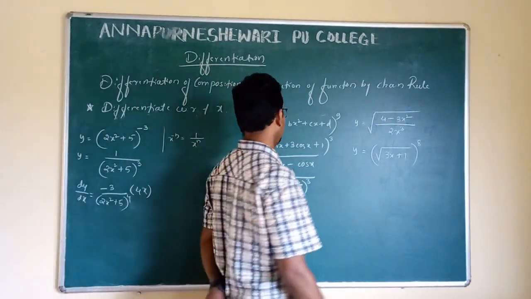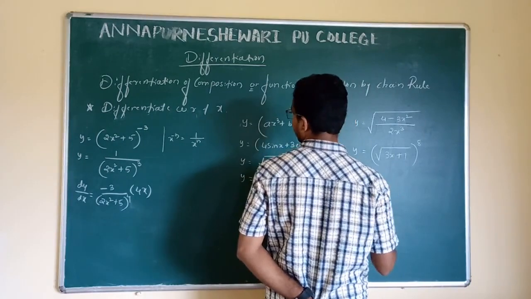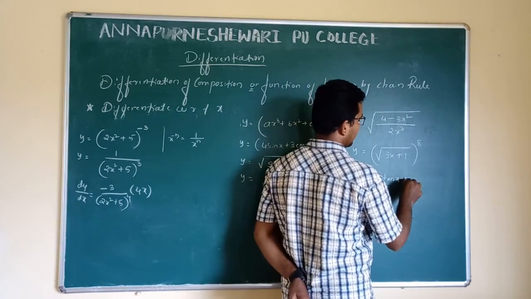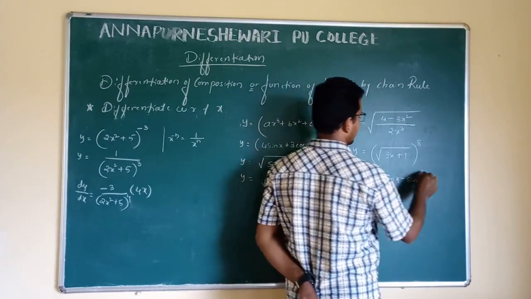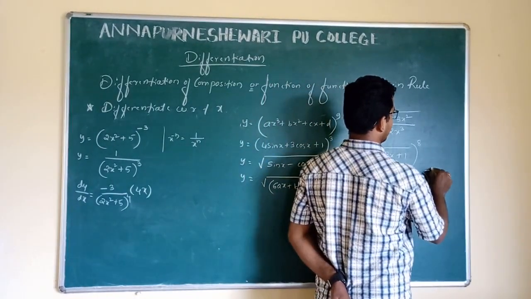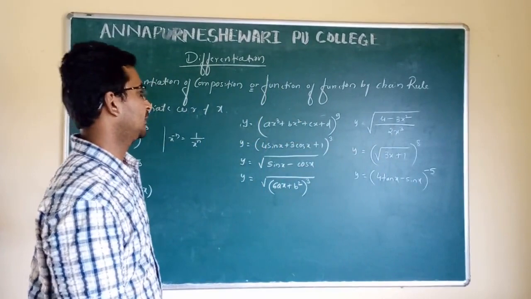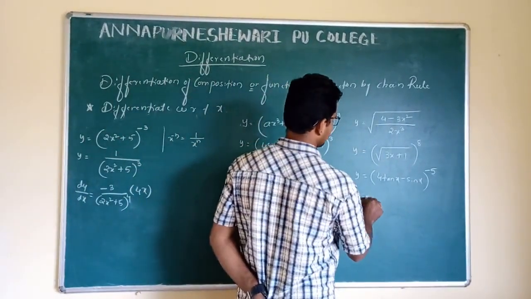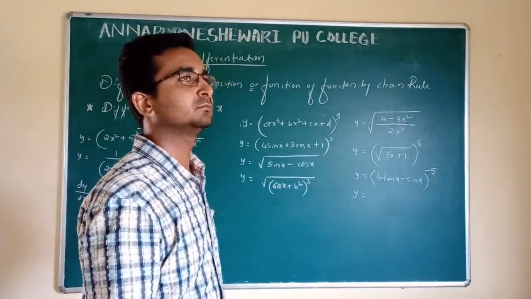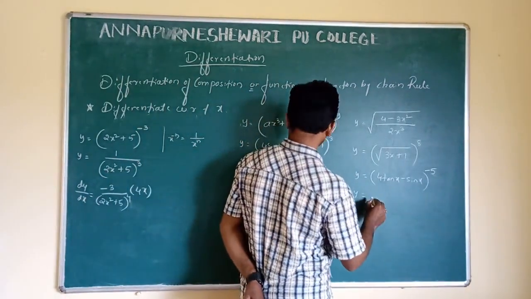Then one more example, y equal to 4 tan x minus sin x whole raised to minus 3 whole raised to minus 5. This is x raised to minus 5. Okay. And the last one, y equal to this one I can take.